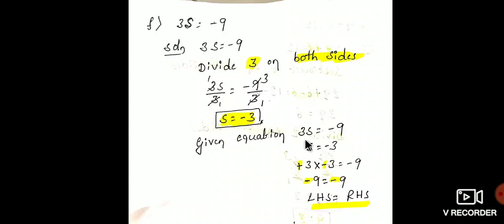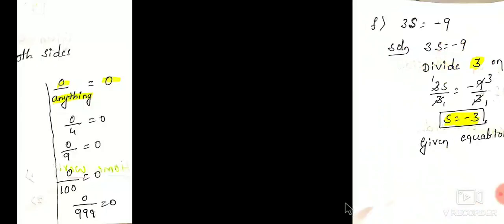That is 3 into s, which is minus 3, is equal to minus 9. Students, see that I marked plus into minus. Plus into minus, minus 3 3s are 9. So minus 9 is equal to minus 9. Therefore LHS, left hand side, is equal to right hand side. It holds good. Yes.